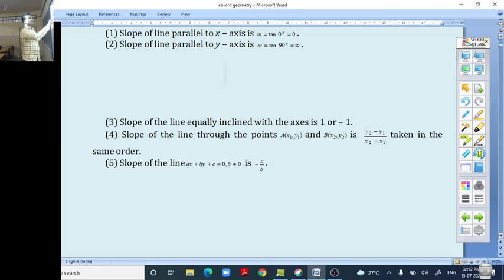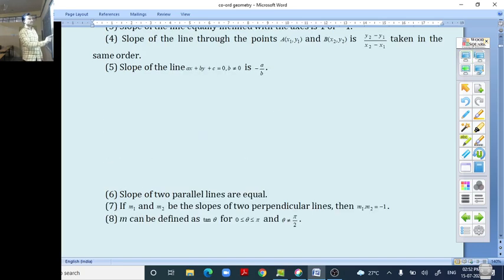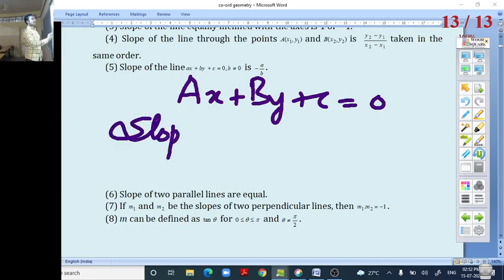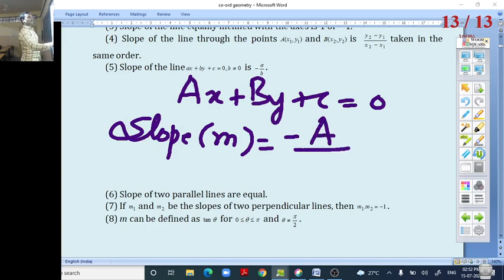Okay, so let us discuss different forms of the equation of a line. If the line has the form ax plus by plus c equals 0, then the slope of this line is always minus a by b.